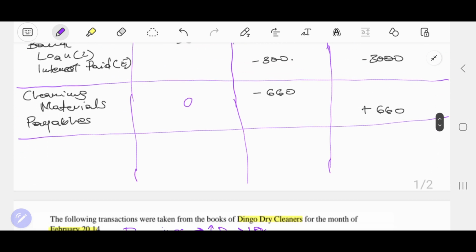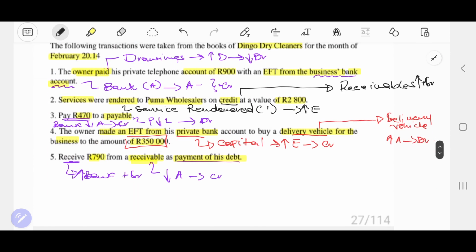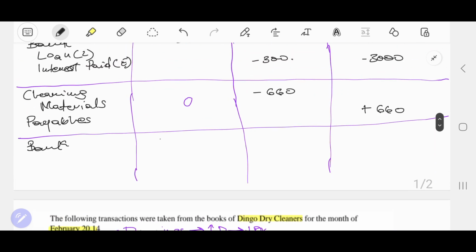So how would you record this? You are going to say, okay, you're going to say bank, which is how much? 790 is going to increase, and then receivables are going to go down.